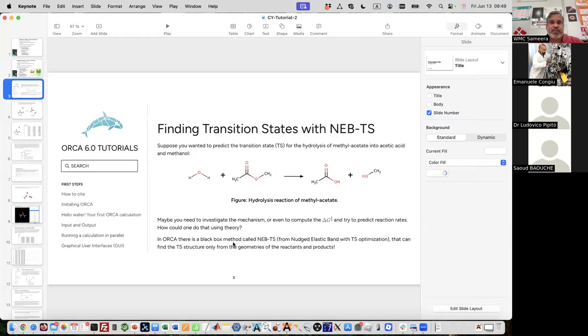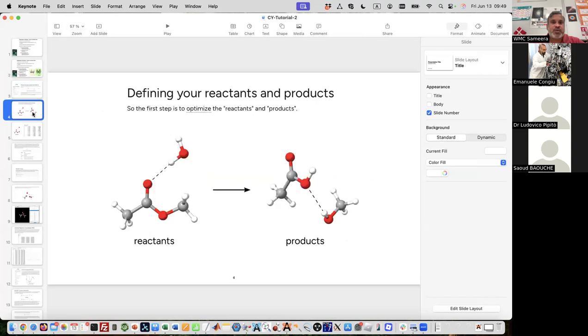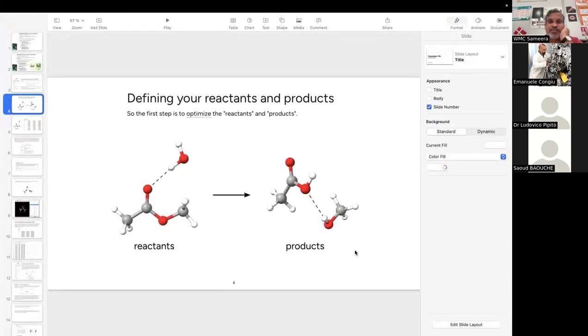To run an NEB calculation, we want to generate an approximate structure of your reactant and an approximate structure of your product. Here is the reactant structure. It has our starting molecule with the water, and here is our product structure.